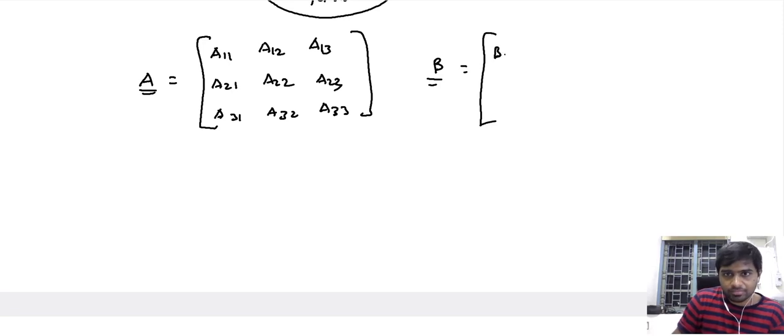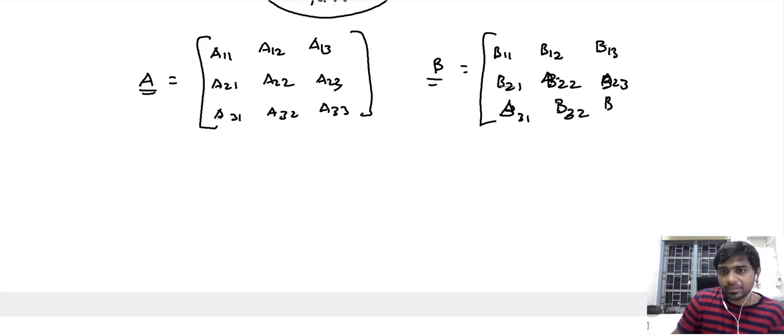Let us consider another similar 3 cross 3 matrix. It will be B11, B12, B13, B21, B22, B23, B31, B32 and B33.